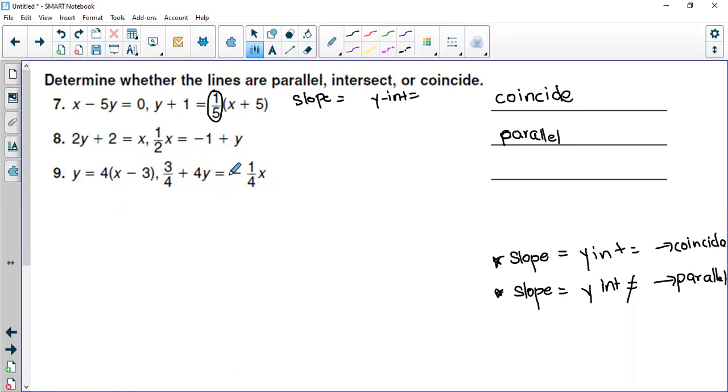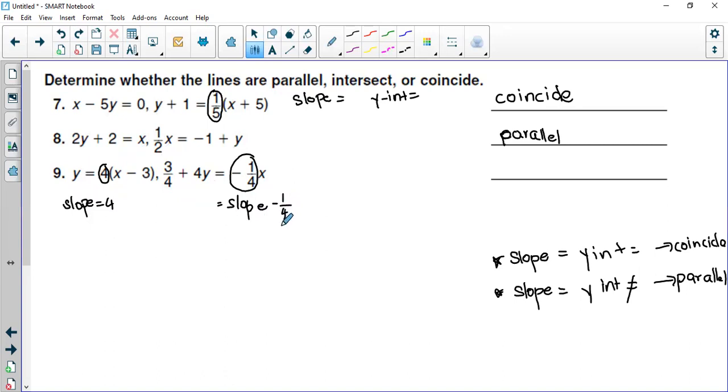From here it's easy to find because this acts as the slope. So here the slope is negative 1 over 4, and here the slope is 4, because y is equal to mx plus b, so m means the slope. So here the slope is 4, and here the slope is negative 1 over 4.